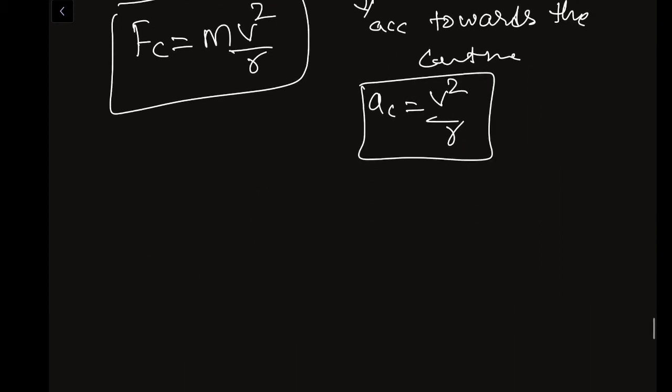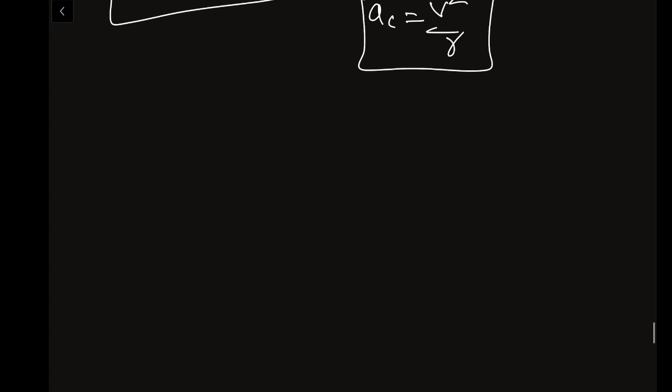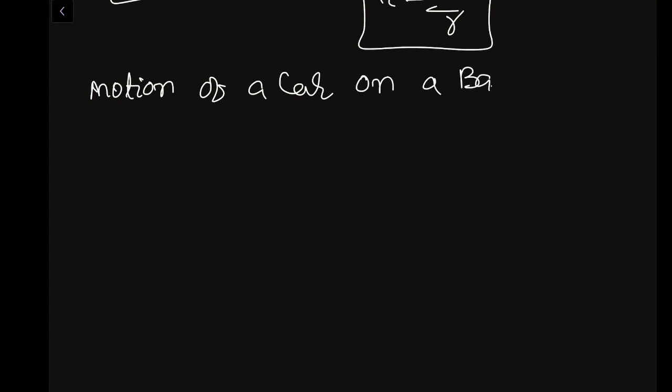Next, children, motion of a car on a banked road. In this case, we have to discuss the free body diagram.